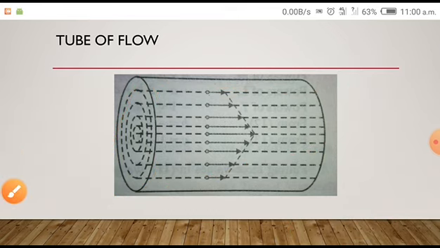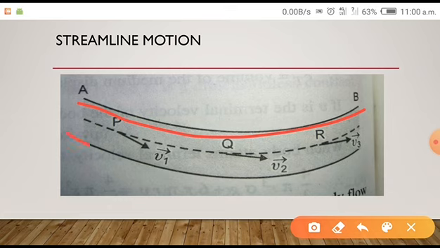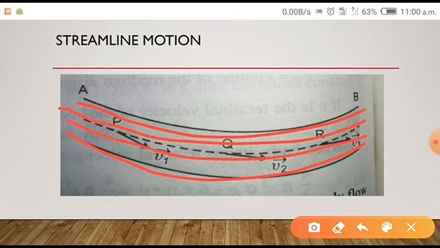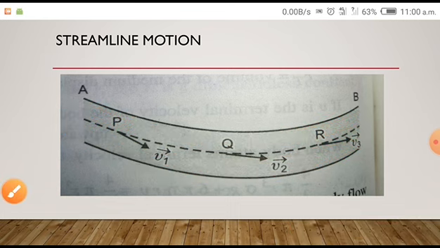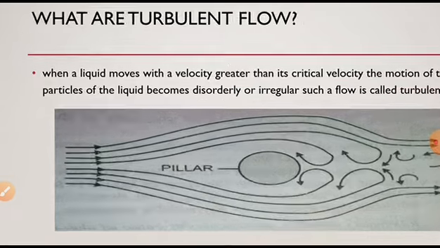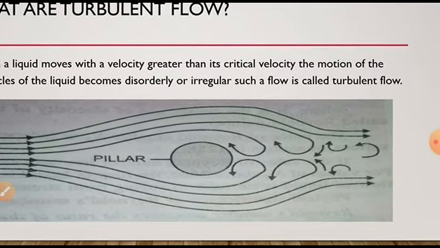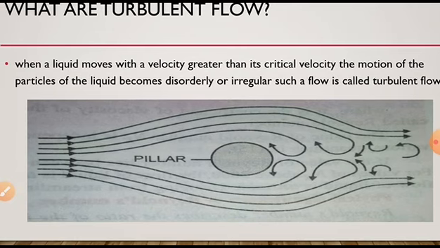It also depends on the flow of the body, and in this case the pipe is totally uniform. That's why all the streamlines will be parallel to each other. The second one is the turbulent flow. Turbulent flow means that when a liquid moves with a velocity greater than its critical velocity, the motion of the particles of the liquid becomes disorderly.